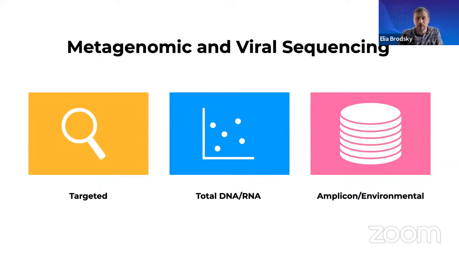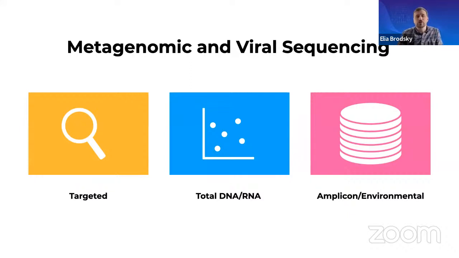Another example for targeted sequencing is what we hear for SARS-CoV-2, when we only want to look at, for example, variants of concern that affect the spike protein. And so then we know how to amplify only the region that contains the sequence for the spike protein. So we can sequence particular regions by amplifying them, and that's called targeted sequencing.